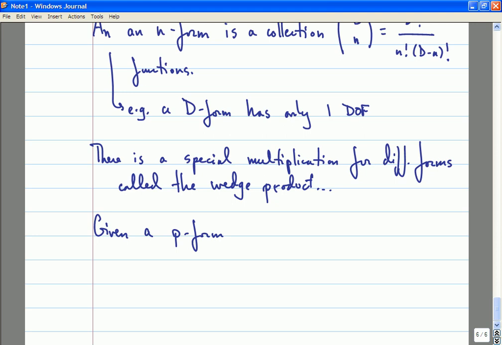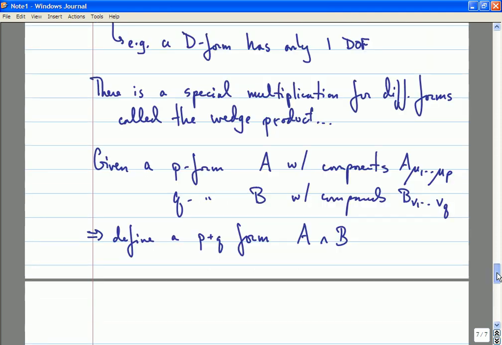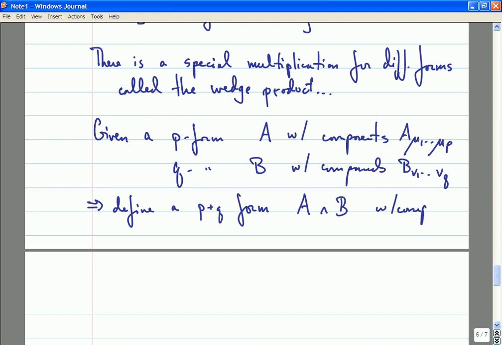So given a P-form A with components A mu 1 up to mu P, and say a Q-form B with components B nu 1 up to nu Q, then we can define a P plus Q form, which we'll call A wedge B, whose components are given as follows.